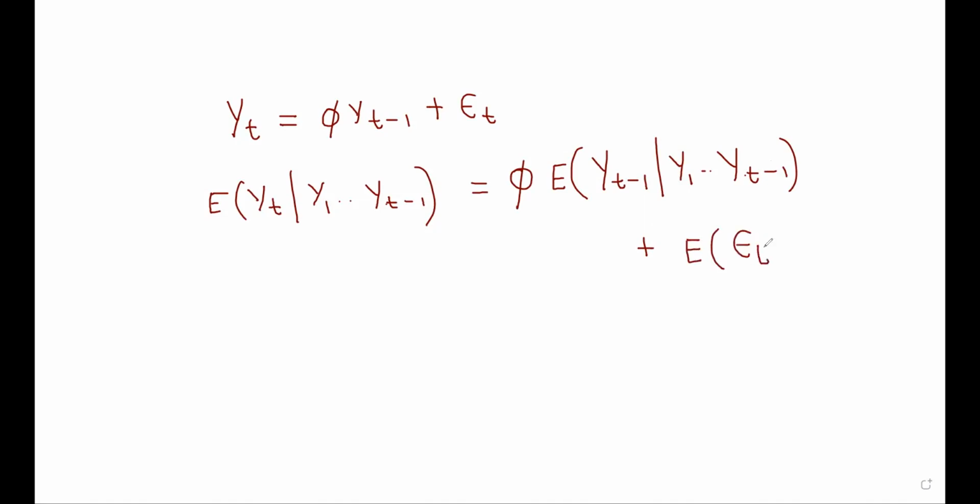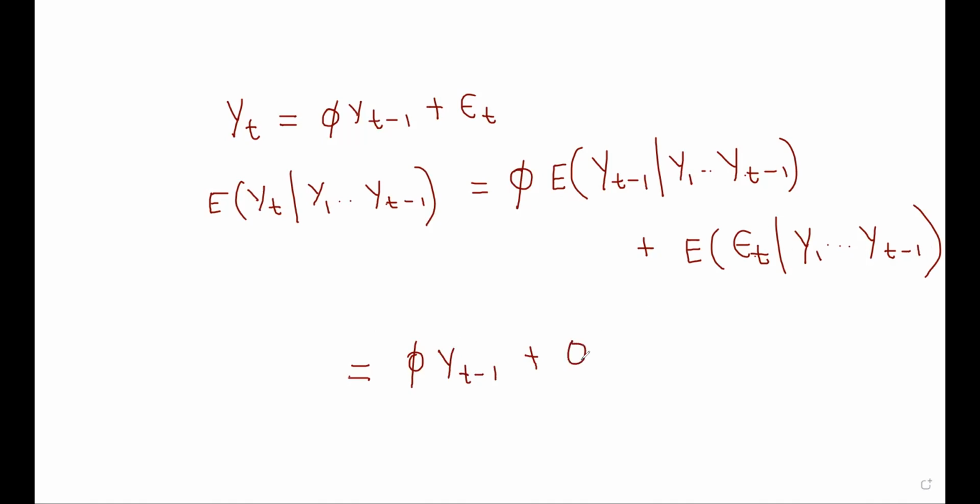Do all of you agree with this? I'm just taking conditional expectation on both sides. Now, if it is given till yt minus 1, what is the expectation of yt minus 1? What is the expectation of z given z? Well, it's simply that value. What about this? This is the expectation of today's randomness given all information till yesterday.